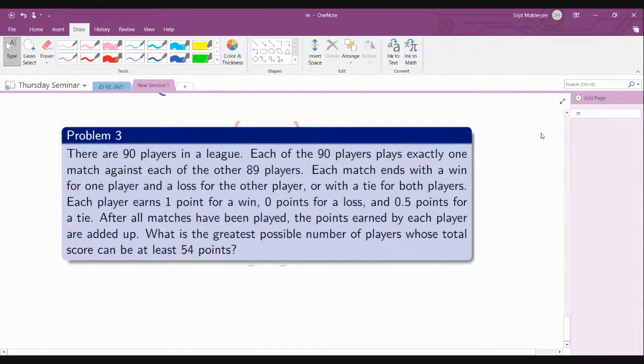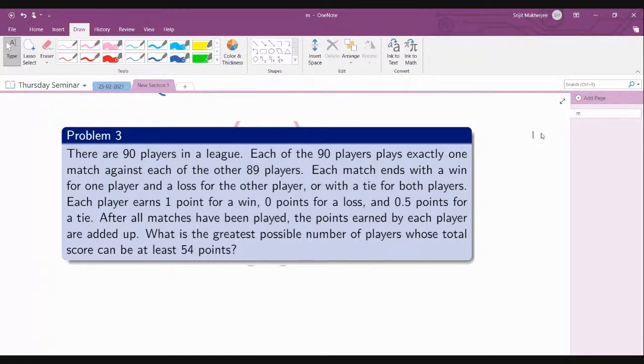So 90 players are there in a league. Each of these 90 players plays exactly one match against each of the other 89 players. Each match ends with a win for one player and a loss for the other player, or with a tie for both players. Each player earns 1 point for a win, 0 points for a loss, and 0.5 points for a tie.